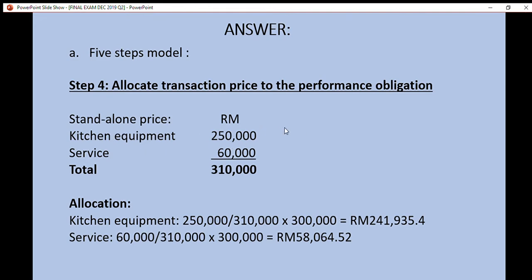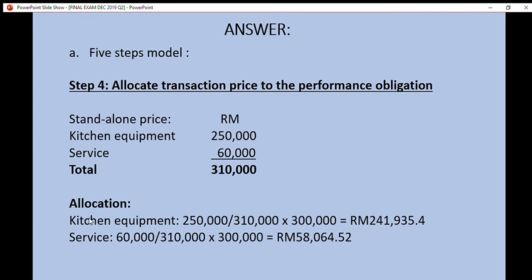For kitchen equipment, the standalone price is 250,000, and for the service it is 60,000 per annum. So the total standalone price is 310,000.